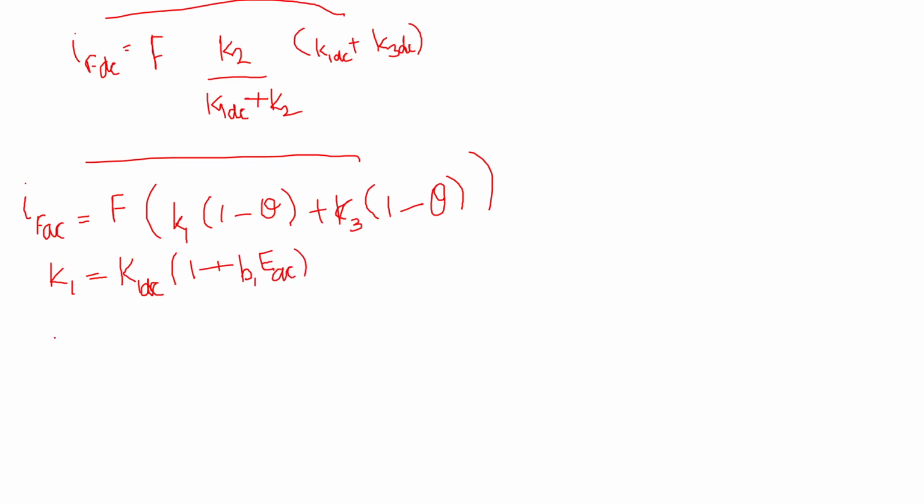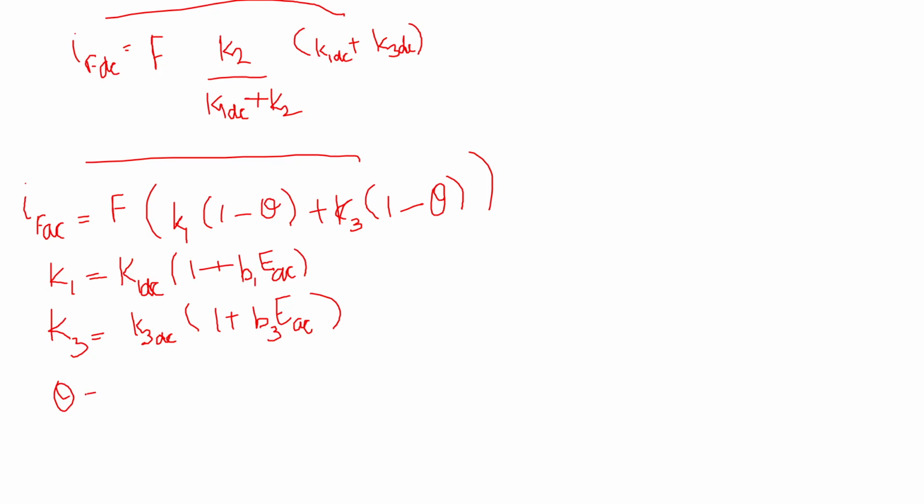It's K1 like this, and K3 will be nothing but 1 plus B3 EAC. So this will be one of the substitutions that you apply, and the next thing will be theta.